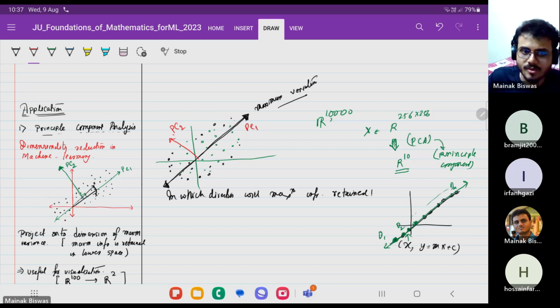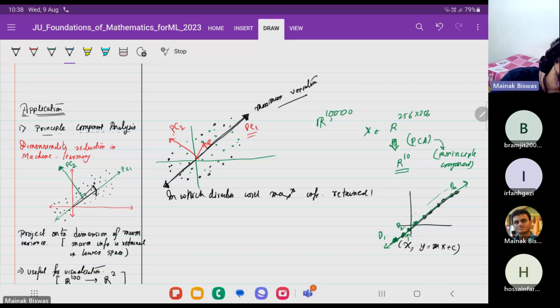So if I retain PC1, do you see that I'll be throwing out only a small amount of information? That is this error. This will be my error every time I throw it out. If I use only PC1, this is the error vector. Similarly, if I use only PC2, this will be the error vector, right?